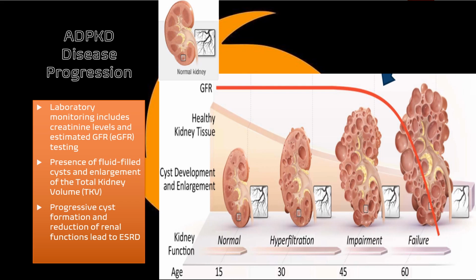With increasing age, you can see that what would be normal renal pathophysiology then leads into hyperfiltration, impairment, and then failure or end-stage renal disease.